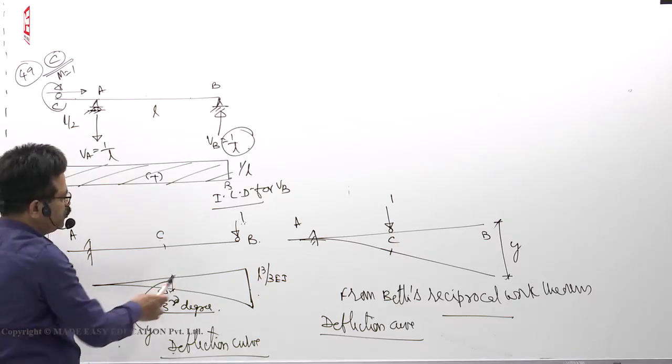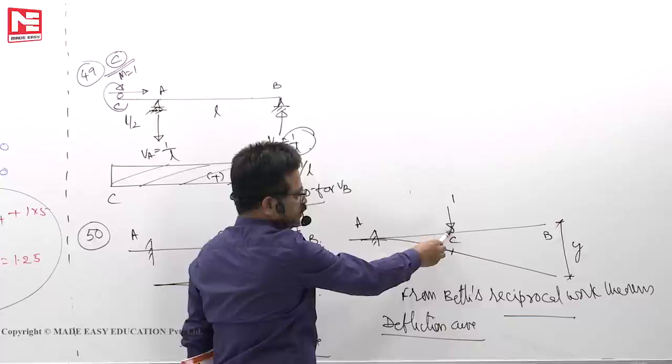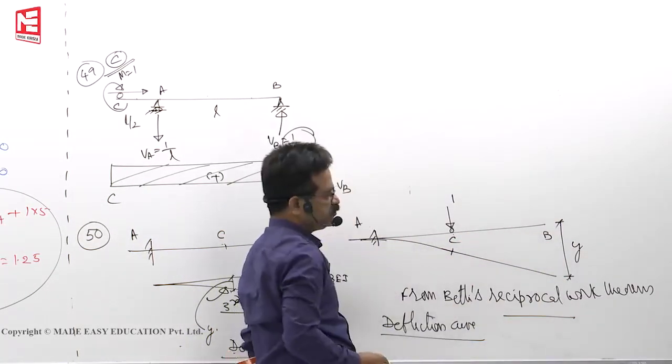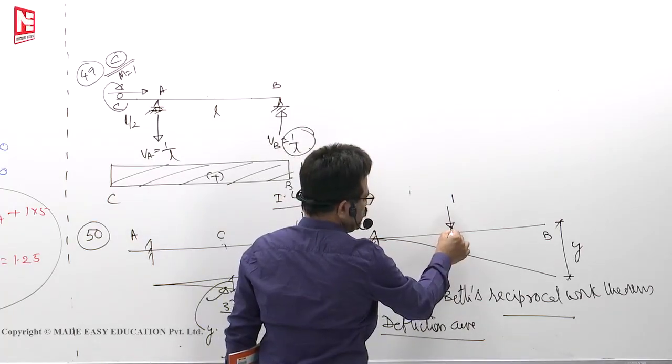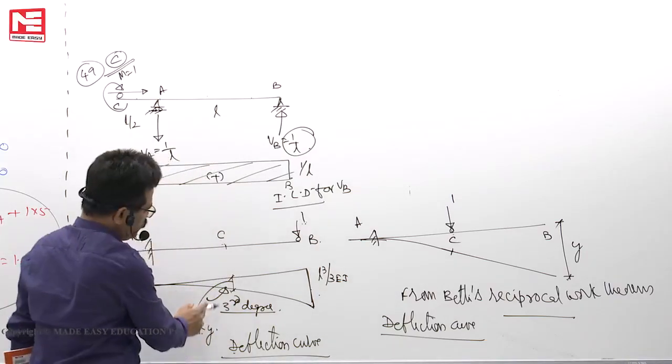Now, if the load comes here, then what is the deflection here? Y. So, when the load is here, this is the deflection curve we have drawn.